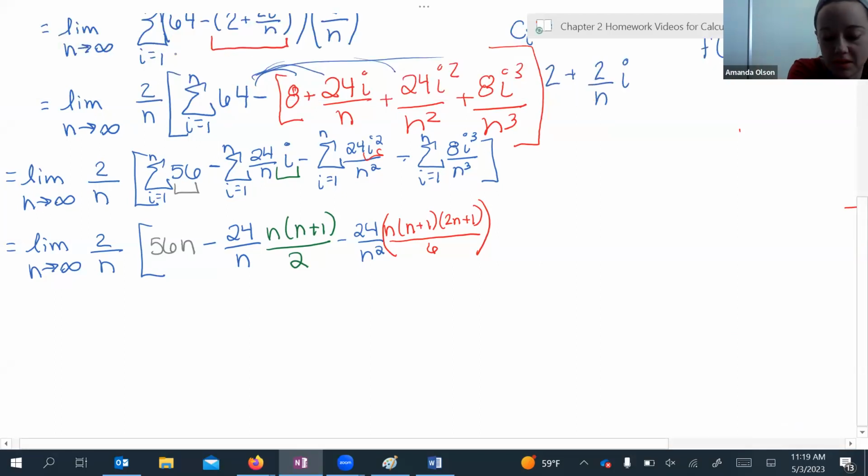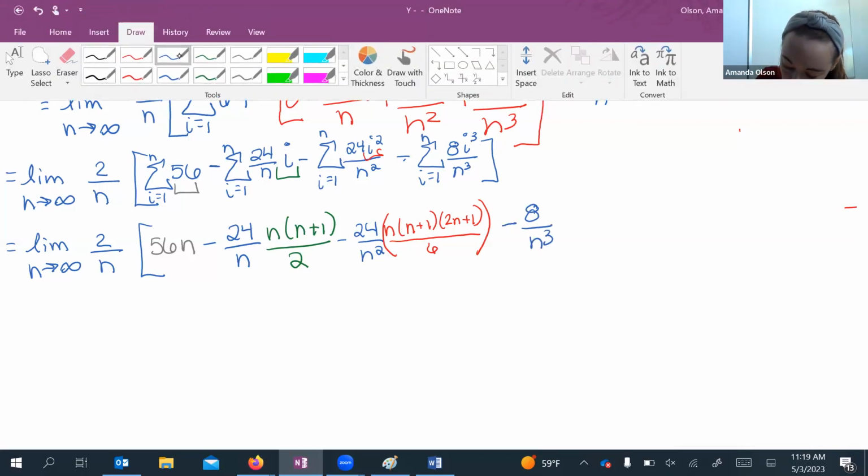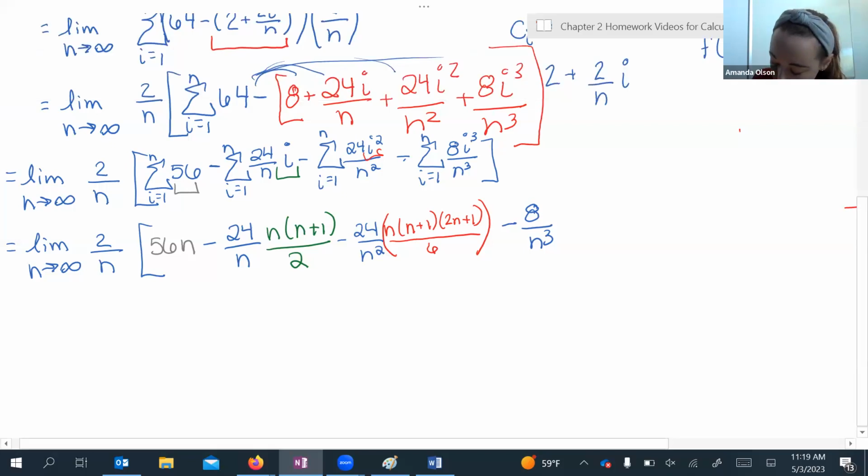Okay, and then the last one is the i to the third. So we have this minus 8 over n to the third. And we have i to the third. The sum of i to the third from i equals 1 to n is given by n squared, n plus 1 squared over 4.